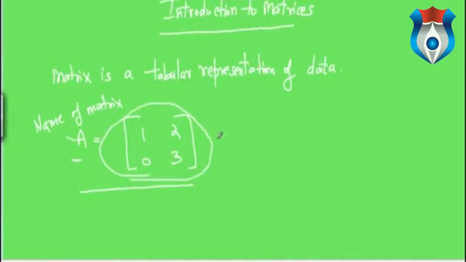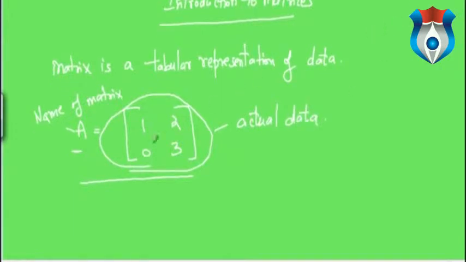Here is the actual data that we have regarding the matrix. Usually the data is enclosed in square brackets, but you can also use curly brackets. For example, you could also write A equal to curly brackets 1 2 0 3, but in my entire videos I'll be using the square brackets.